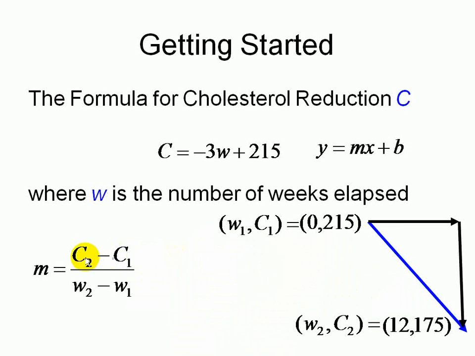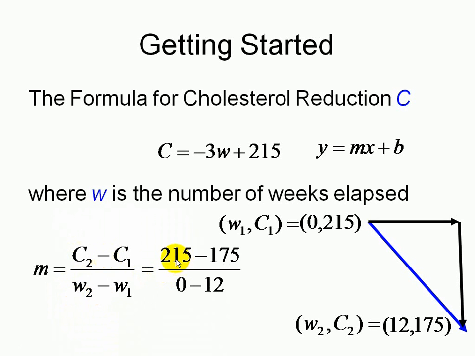Using the formula for a slope, change in the rise over the change in the run. So in this case we have C2 minus C1 over W2 minus W1. So the change in the y over the change in the x, or in this case the change in the cholesterol over the change in the weeks.